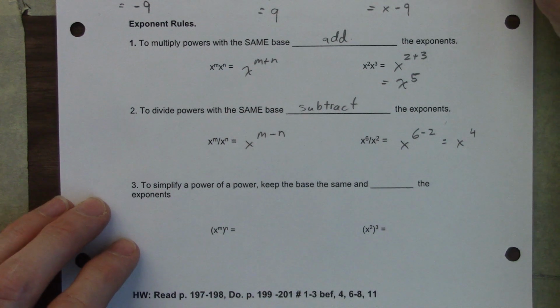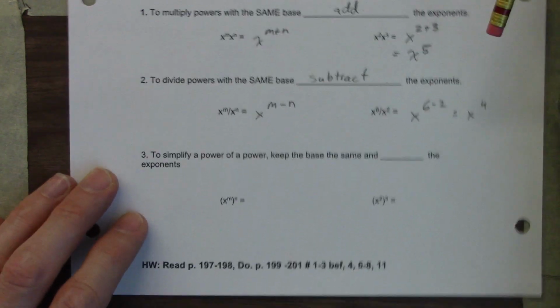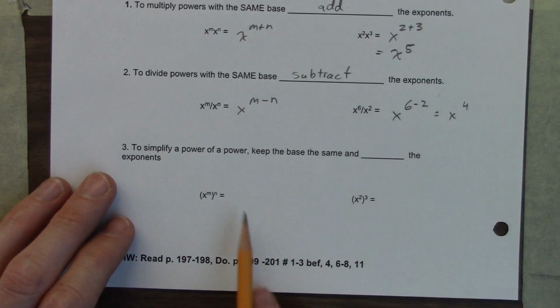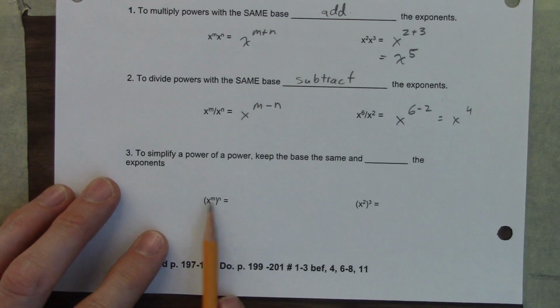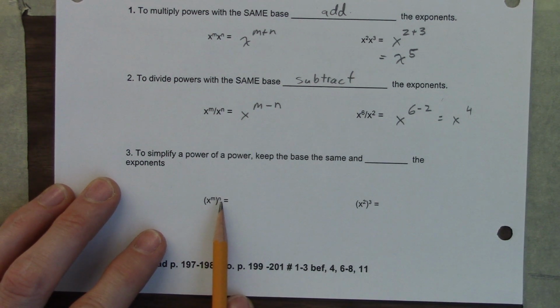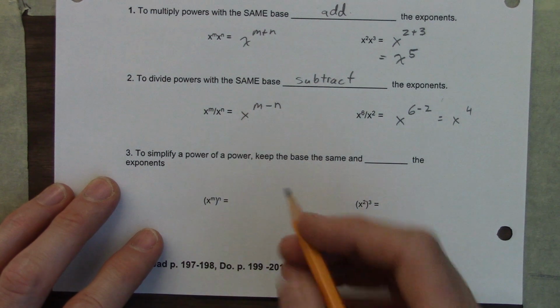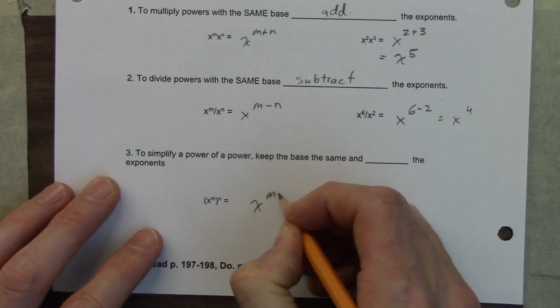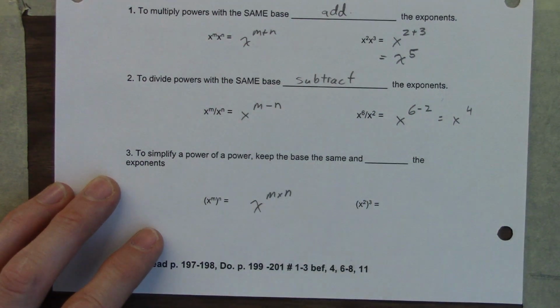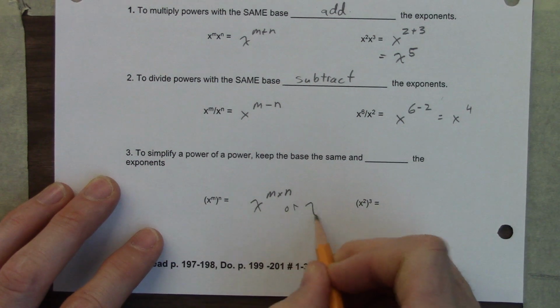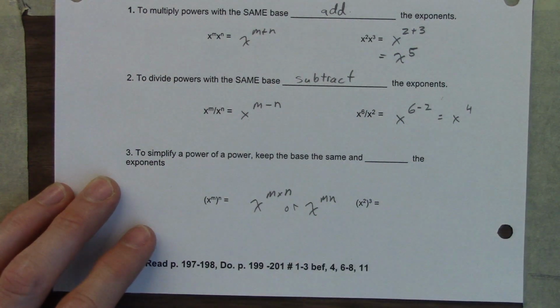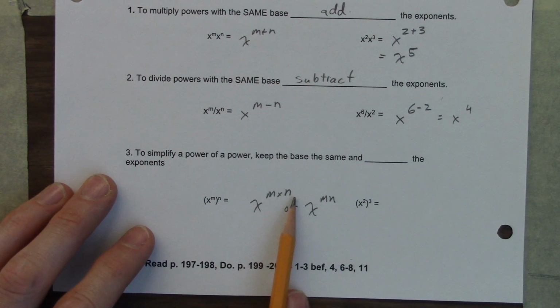Alright, to simplify a power of a power, keep the base the same. And what do we do with the exponent? So now we have a power that's raised to an exponent. What do you think, Andrew? Okay, I said m times n. You actually wouldn't write the times because it would get confusing.